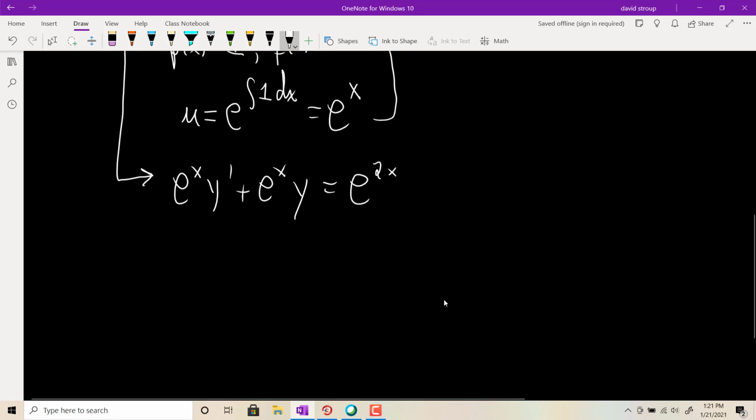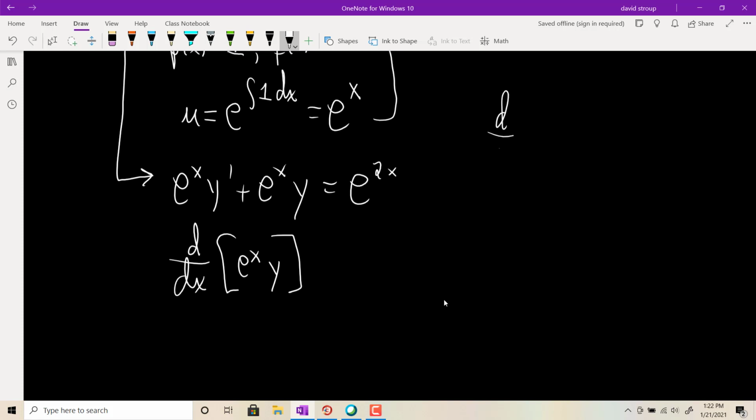On the left-hand side, by doing this, what you've created is the result of a product rule. It's the derivative with respect to x of e to the x times y. And you could verify that this is the case, so let's come over here and verify that.